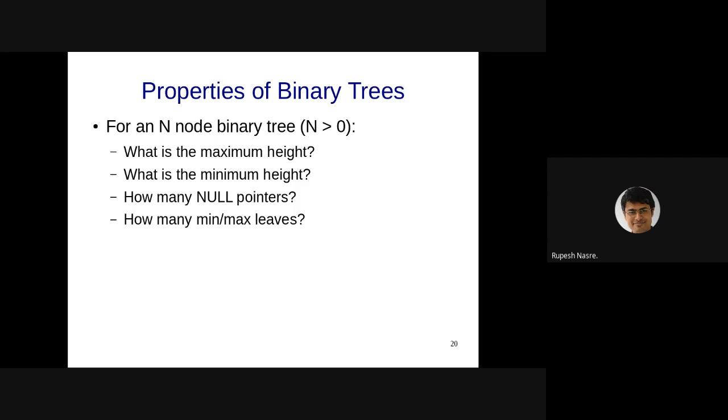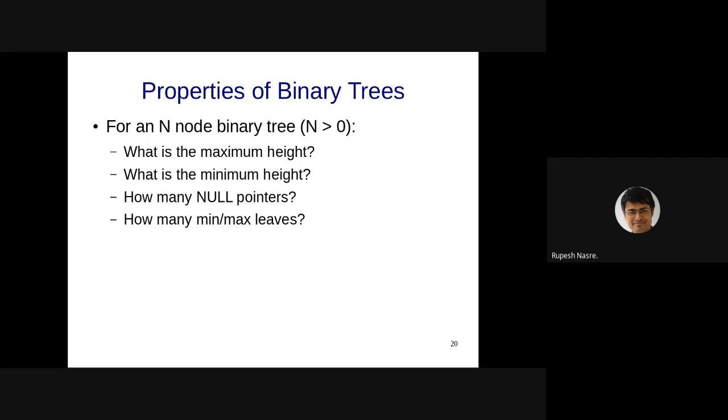And that can be seen, right? So if you take these two extreme cases, the linked list based representation, it has n minus 1 null pointers for the internal nodes, and then the last one will have two null pointers, right? So it will have n plus 1 null pointers. How about a complete binary tree, which has minimum height, right?